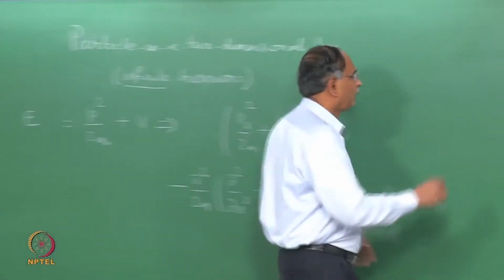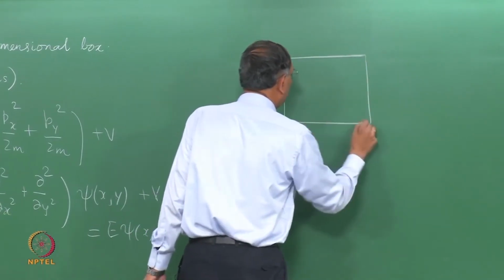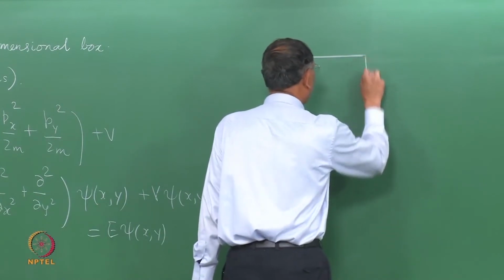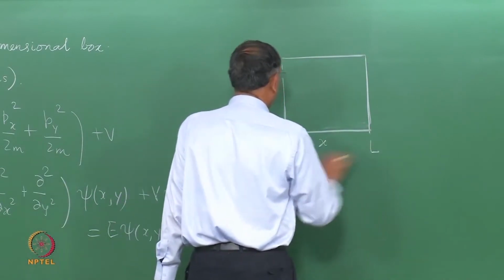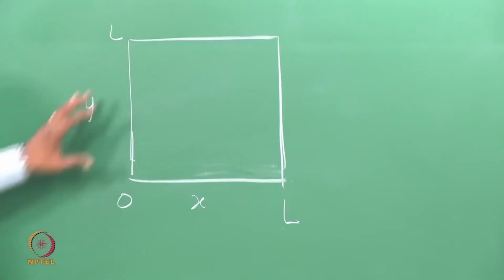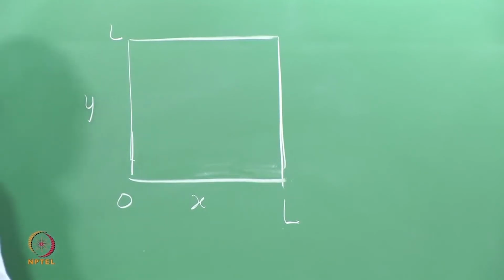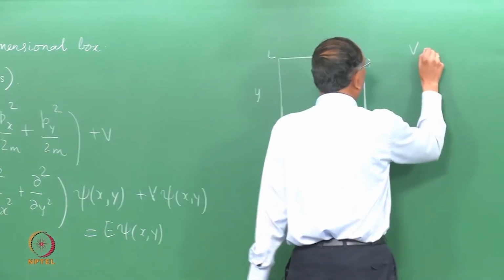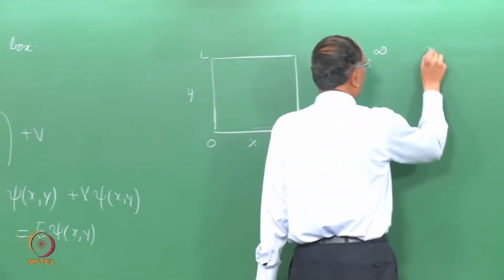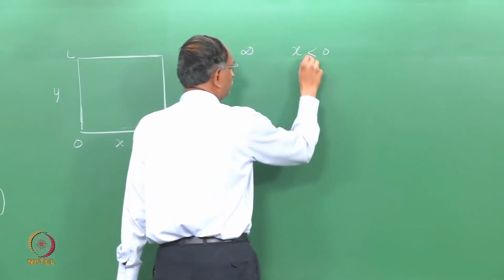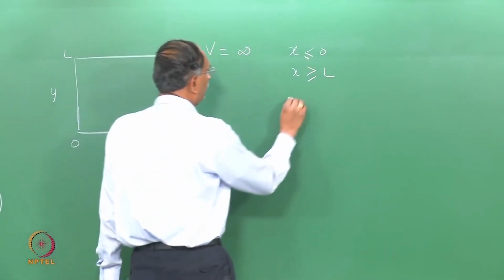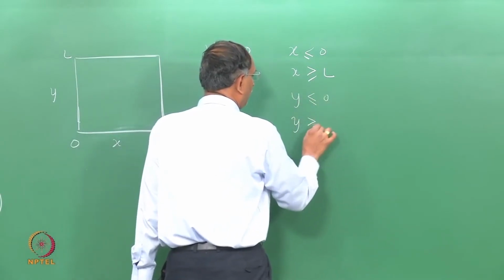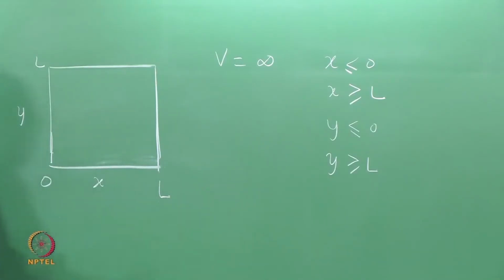If it is a square box, then x is 0 to L, and y is also 0 to L. Only in this region are we looking at the particle's behavior, and for all others v is infinity, for all values of x less than or equal to 0 and greater than or equal to L, and likewise for y less than or equal to 0 and y greater than or equal to L.